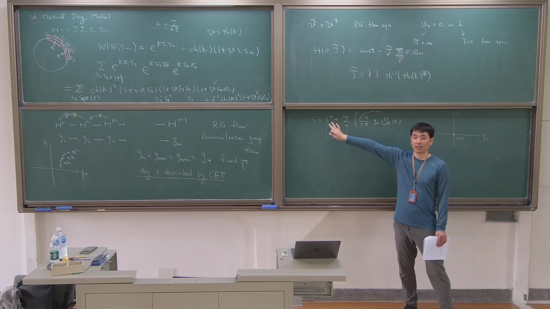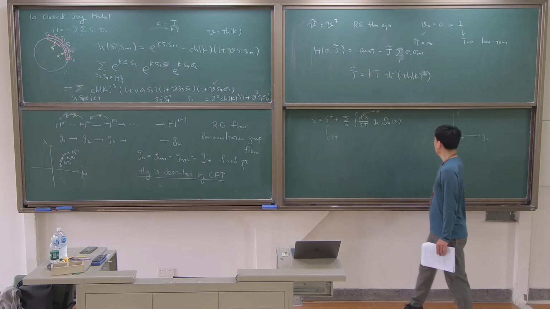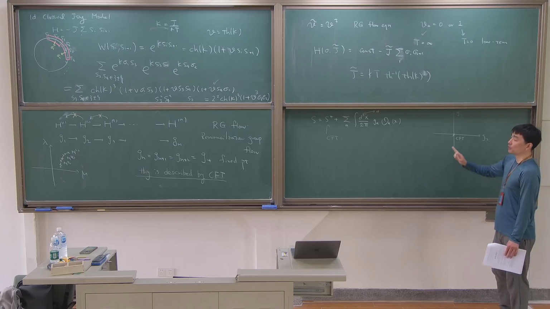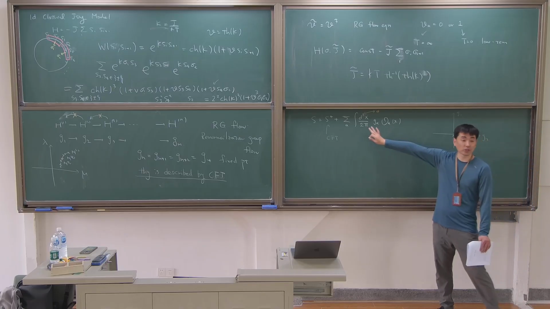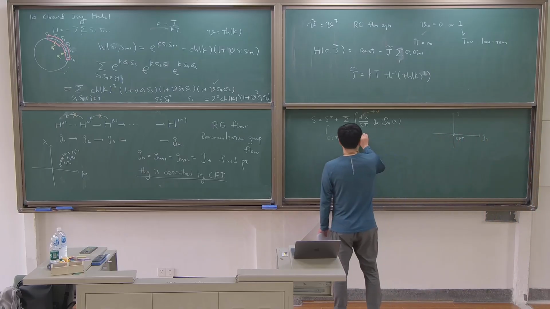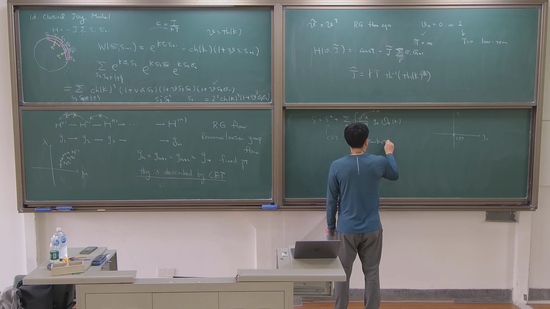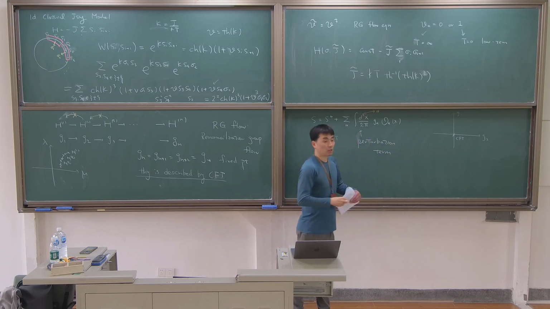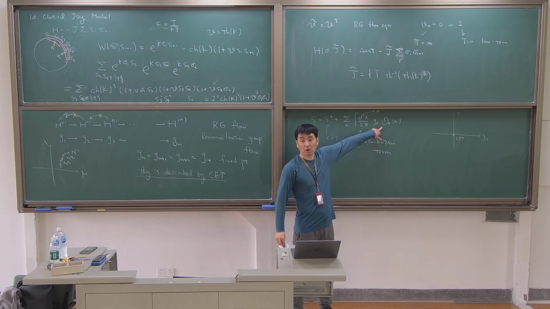S star is the action for the conformal field theory. And then you can perturb the theory. This is a perturbation term, and this is always some operator.